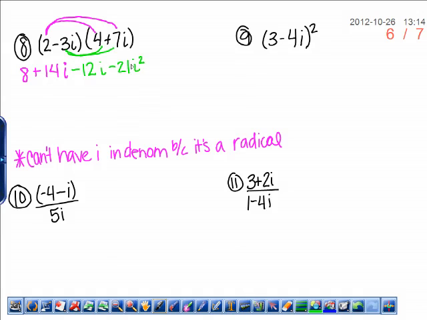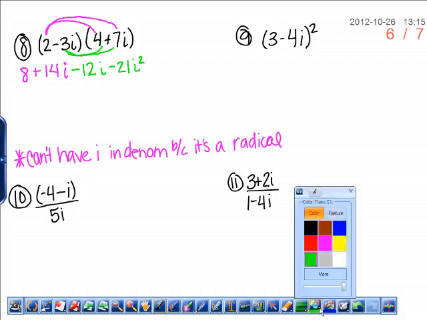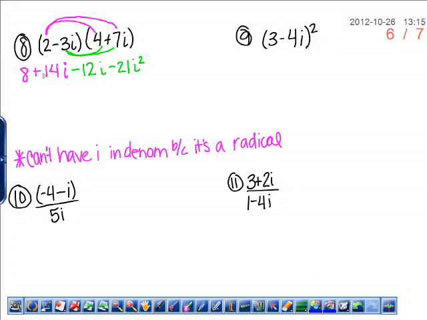So let's think about what we're going to do from here. Write these down so that you can have them at home when you do your homework. We treat it kind of like variables. We have like terms that we can combine. So, we can combine 14i and negative 12i.